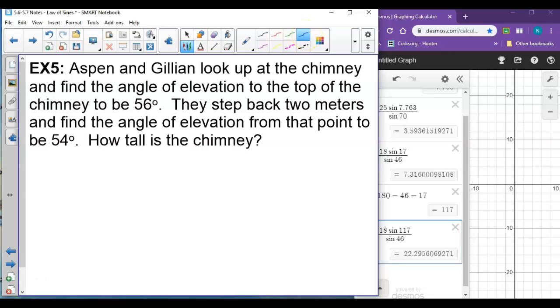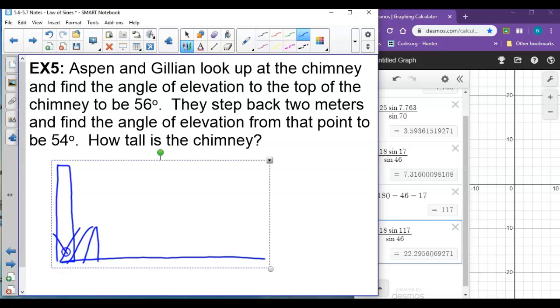But we've got the chimney here, and if you go look at that chimney, there's a fence around that chimney. So you could not measure to the bottom of that chimney. So you could not actually find the height using regular trig.